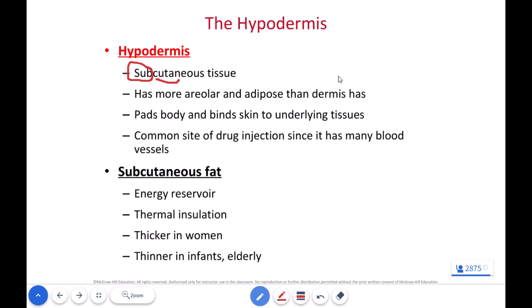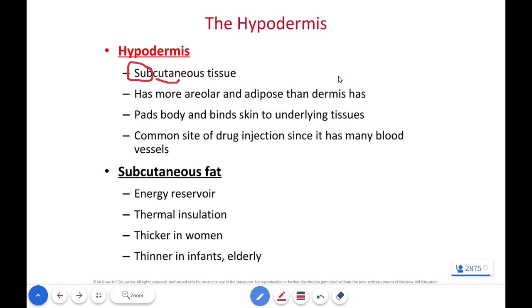When we think of how adipose tissue could serve as an insulator, it makes sense that we put the insulative tissue near the surface of our bodies to keep our heat in so we can better regulate our body temperatures. When we look at the areolar tissue that's present in the hypodermis, I want you to think of the areolar tissue as glue or sticky tack. It helps to hold everything together or bind the various layers together.